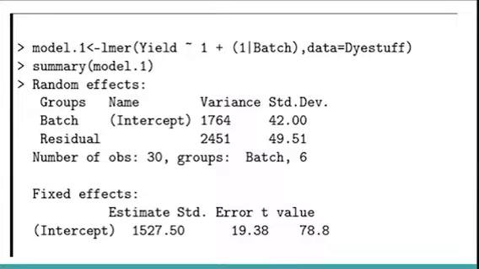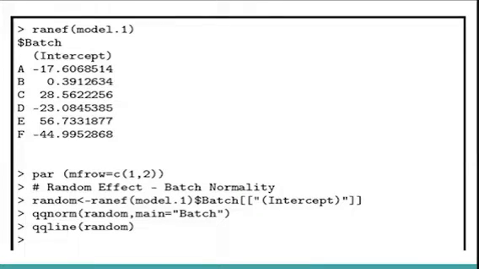Now, take a look at this. The assumption here is that the intercept is not constant, but the slope is constant. That is the reason if I have 6 levels of batch as a factor, I'm going to have 6 different intercepts, which means the intercept is not the same.